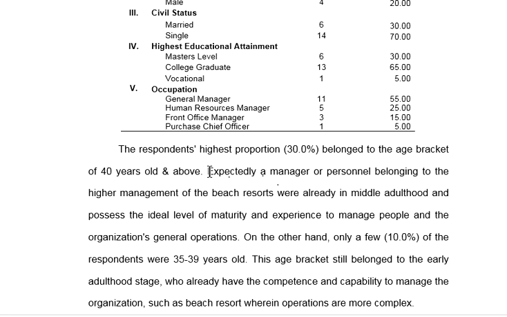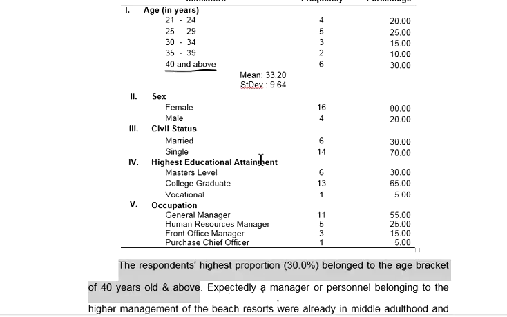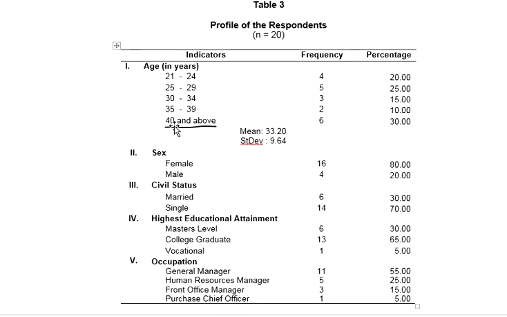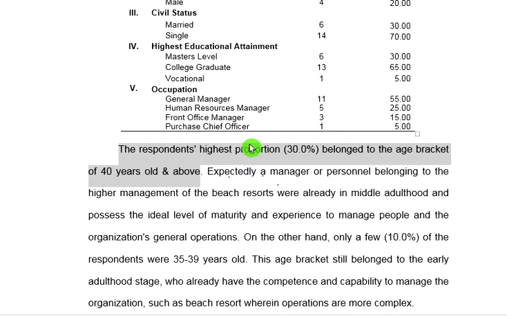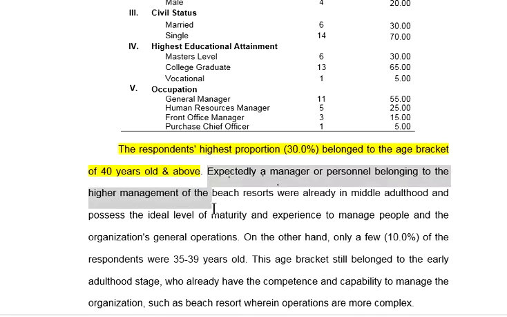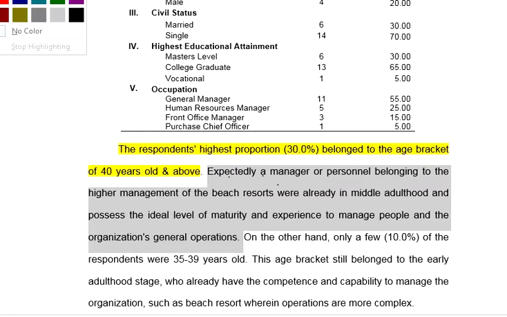I repeat, in this part, you will explain the data that you have mentioned here, the highest, and then after that, I'll just highlight this one. After that, you will have an interpretation of the data.